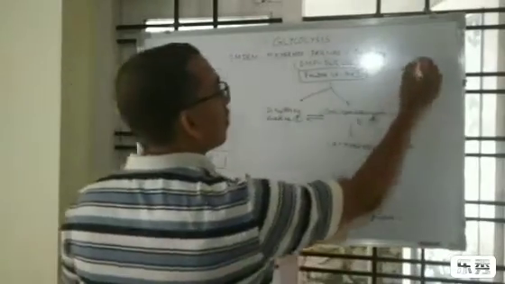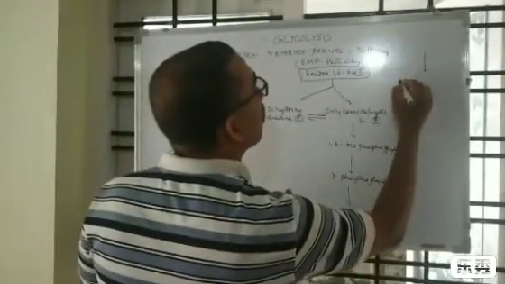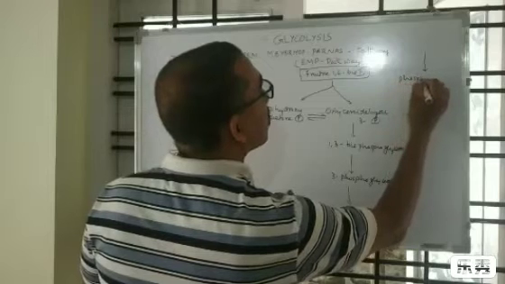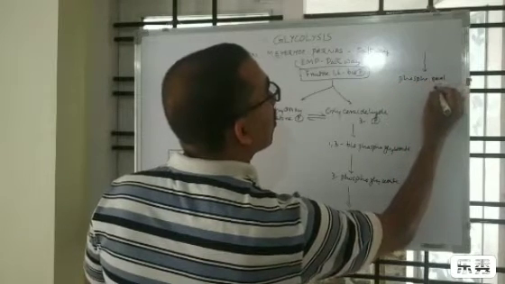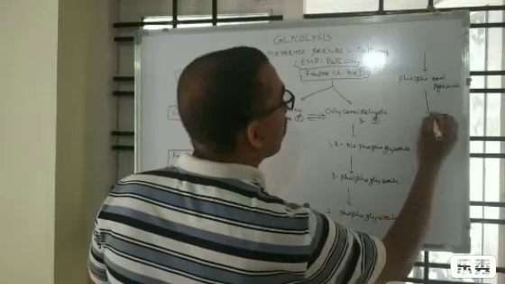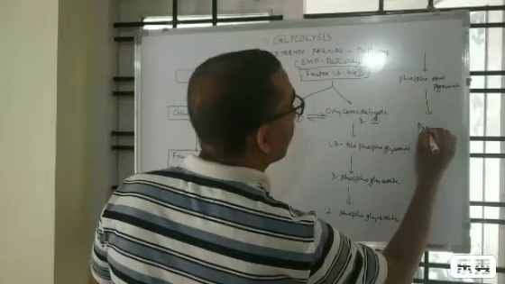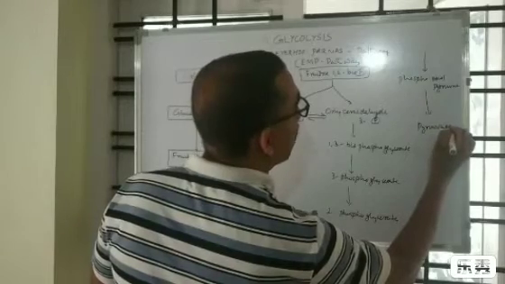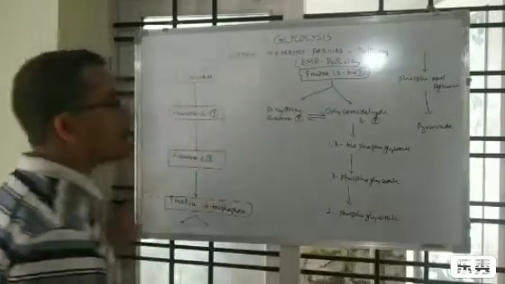Phosphoglycerate is converted into phosphoenol pyruvate. Phosphoenol pyruvate is converted into pyruvate. This is the end of aerobic glycolysis.